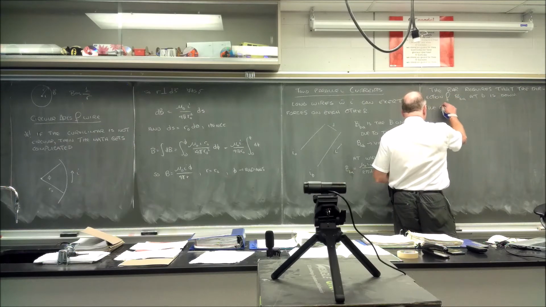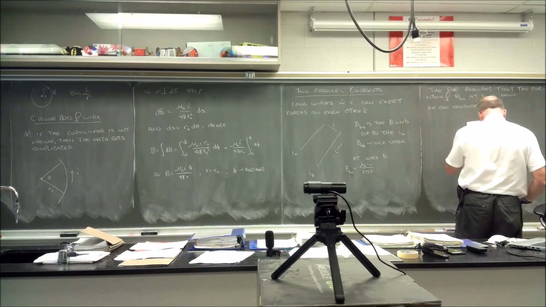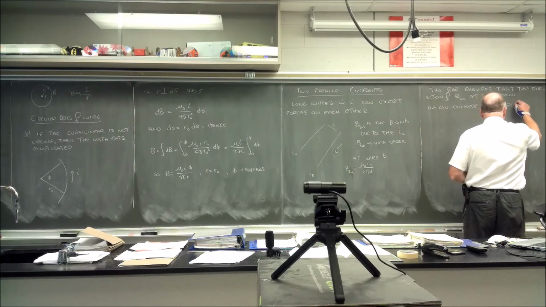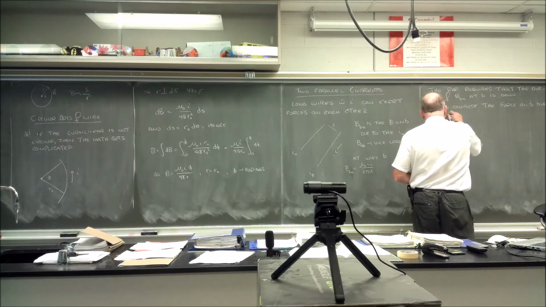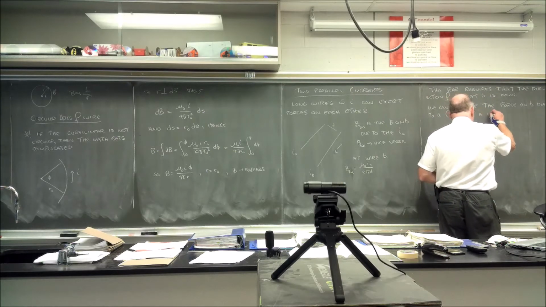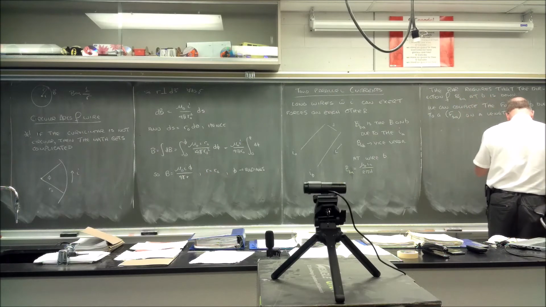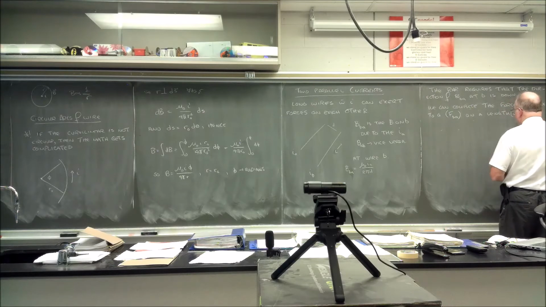We can compute the force on B due to A, which again we'll label consistently F sub BA, on a length L, okay, and that length L of wire B. So we're talking about how long B is.